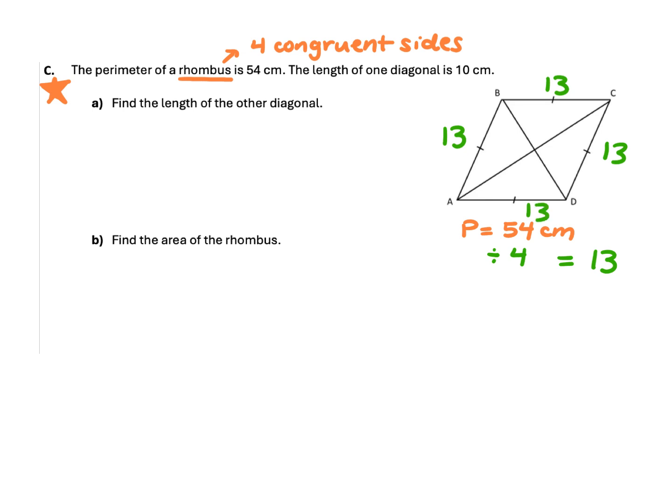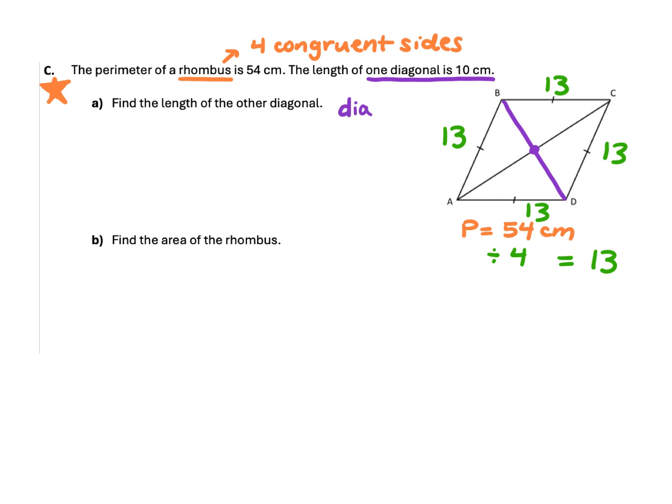So now let's see what else we know. We're given in the problem that one diagonal is 10 centimeters. Let's just pick one of those diagonals to be 10 centimeters. Remember, though, that the full diagonal is 10 centimeters. Let's think back to what we learned last unit. In the previous unit, we learned that a rhombus is a special parallelogram.